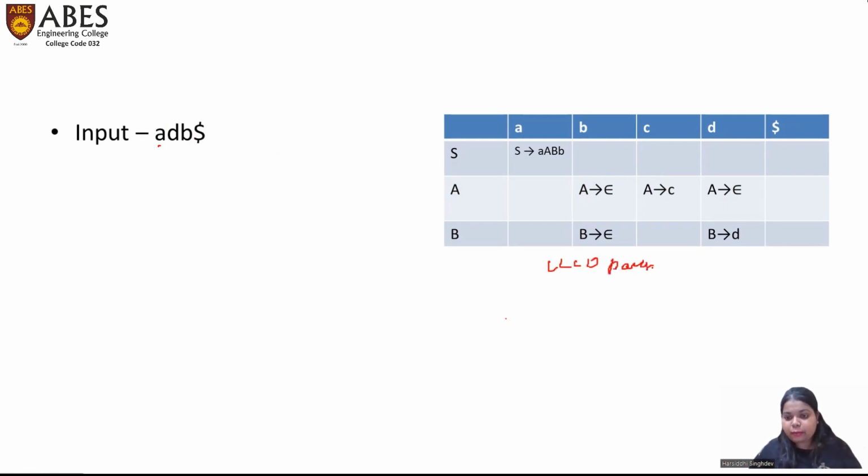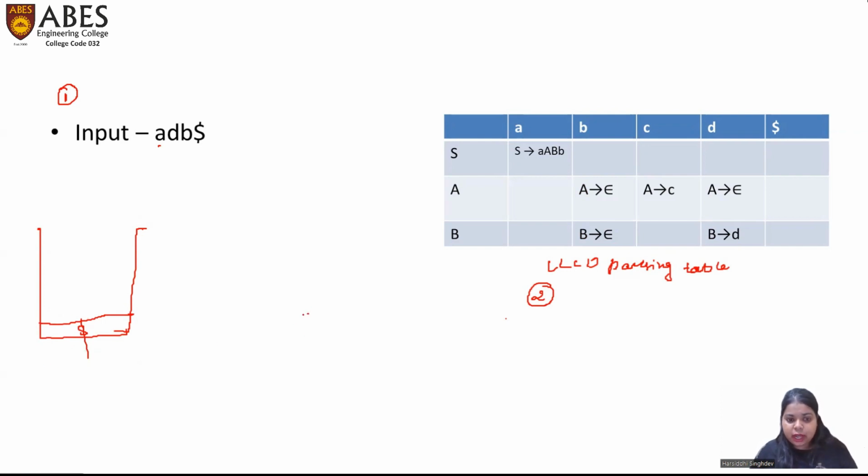For checking, we have first the input, then the parsing table. Now we have the LL1 parser, which contains a stack like this. In this stack, at the bottom we have the dollar symbol. This dollar is there by default.